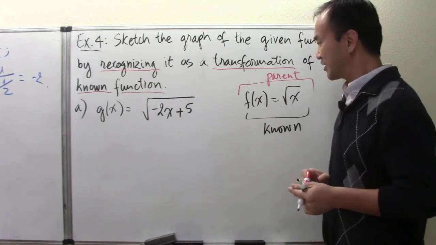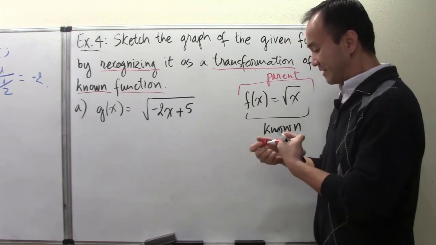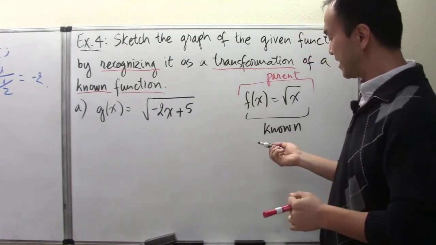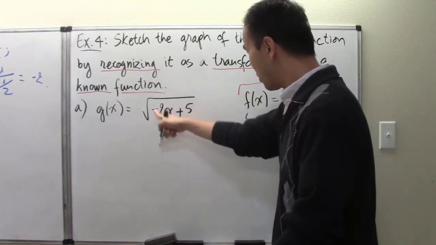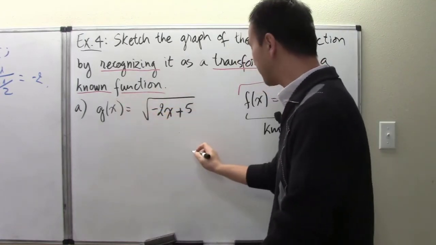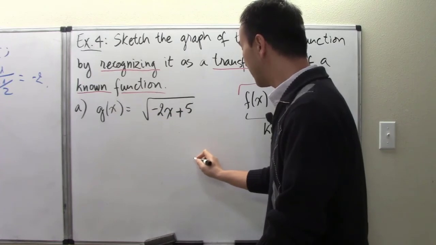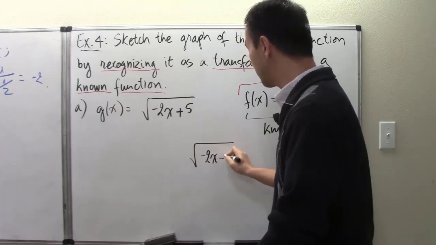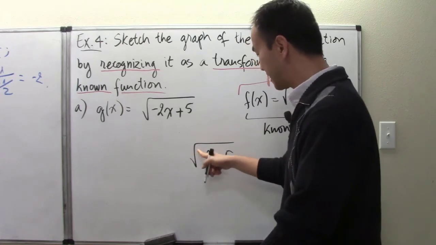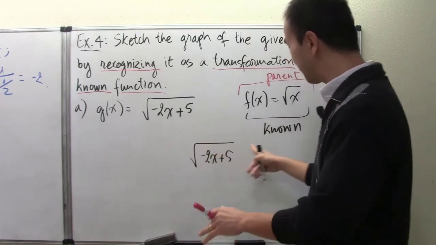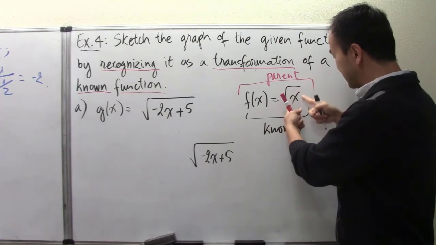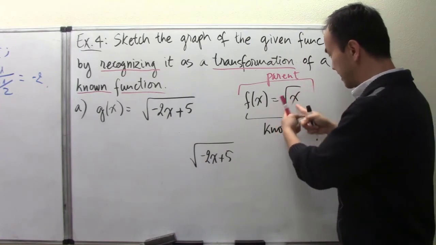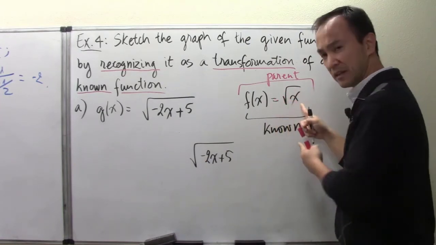Okay, and so now, here's how I see it. The square root in our function g is a square root of minus 2x plus 5. So I'm seeing that it's almost the same, except that for f of x, it's just the square root of a simple x.